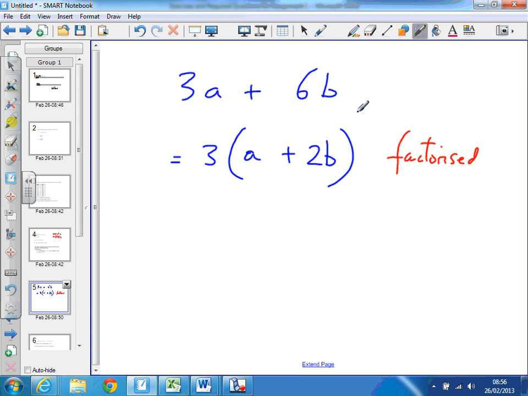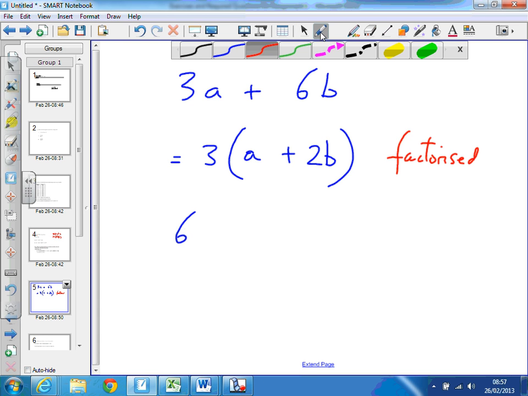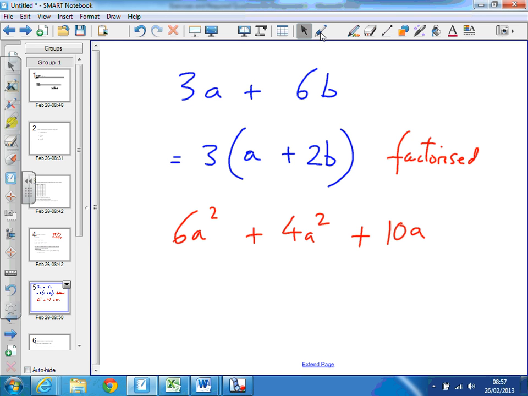One more example. Right, let's try look at one more example. A is a number.